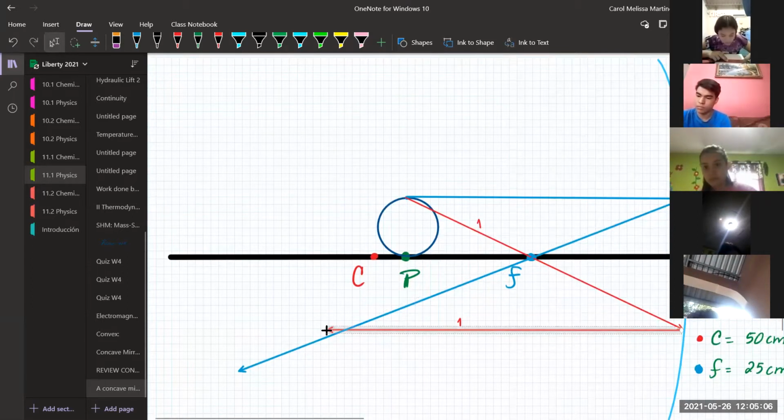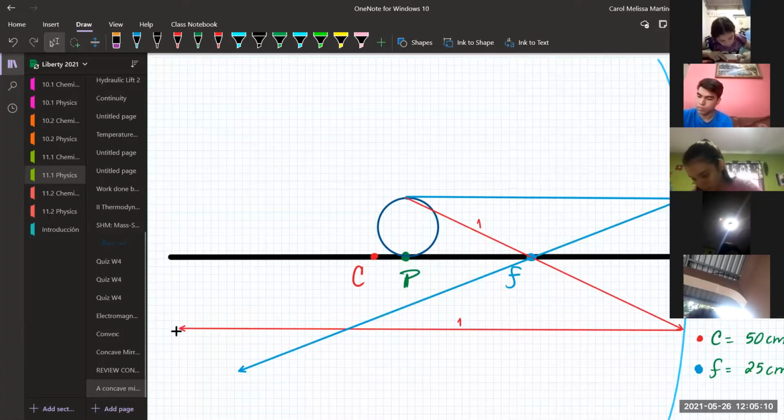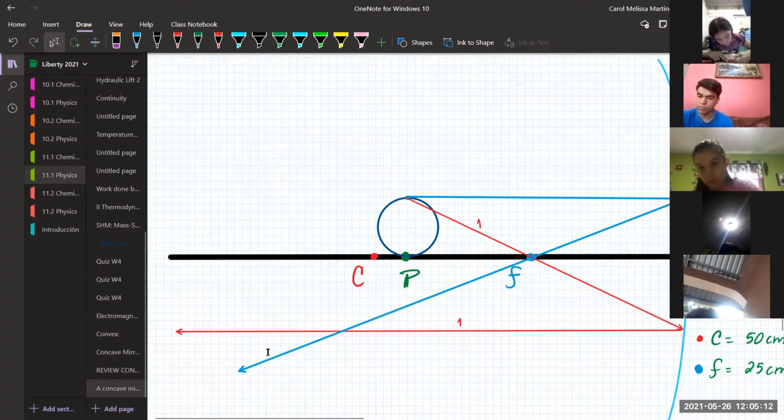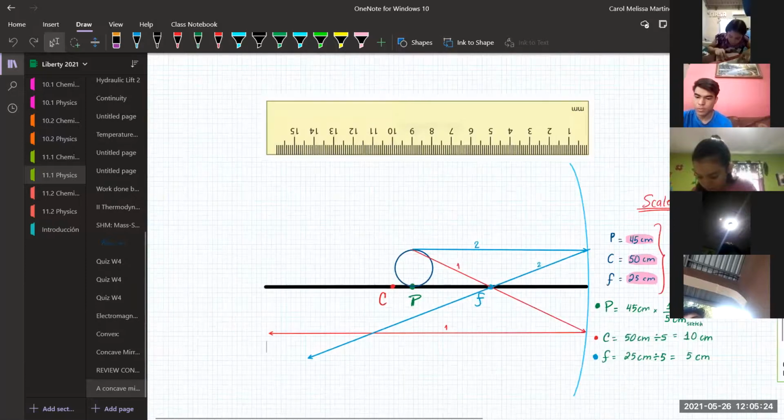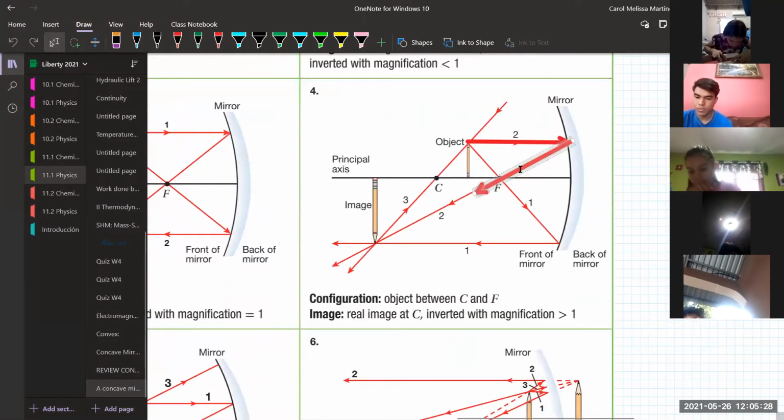I'm going to make this line bigger, okay? This is what we know as the ray number 2. And then we go back, see the table, and then we look for the third ray.